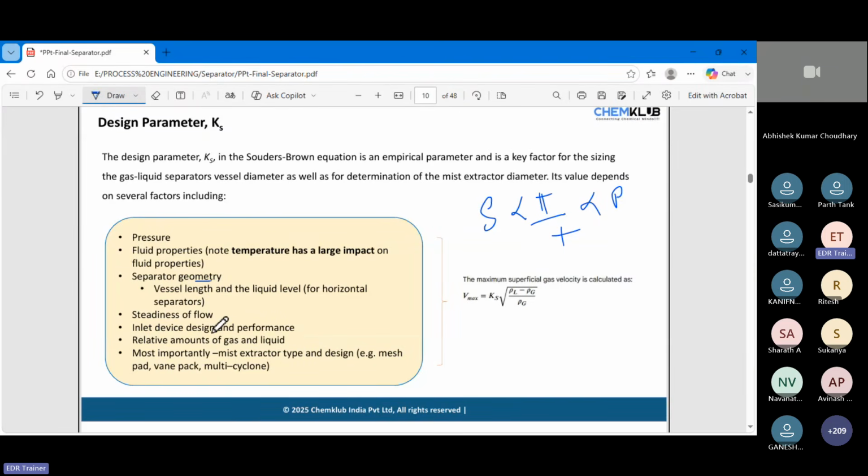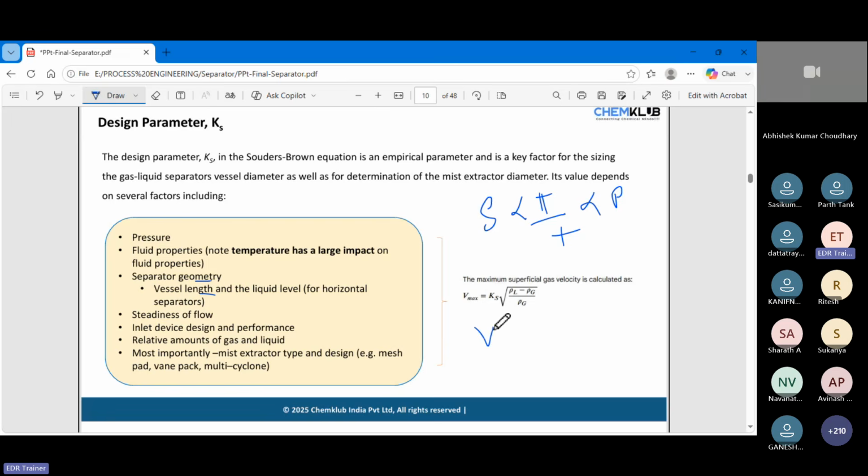Then separator geometry, vessel length, and the liquid level for the horizontal separator. Then steadiness of the flow, inlet device and design performance, and the relative amount of gas and liquid flow.